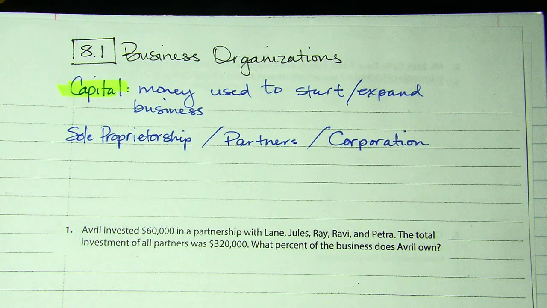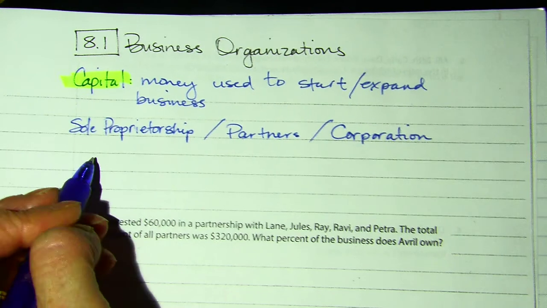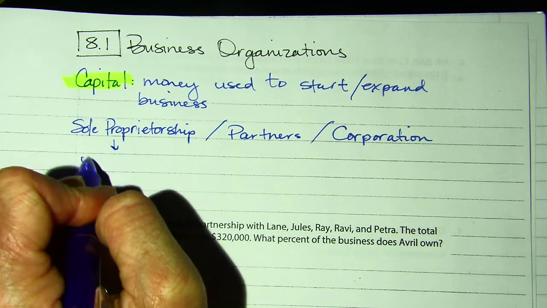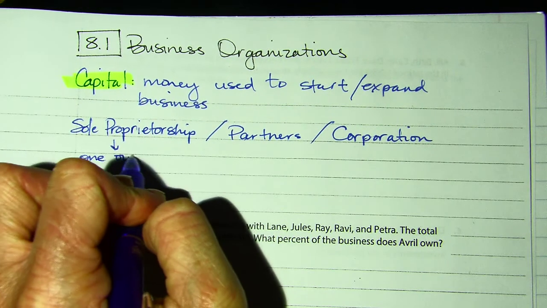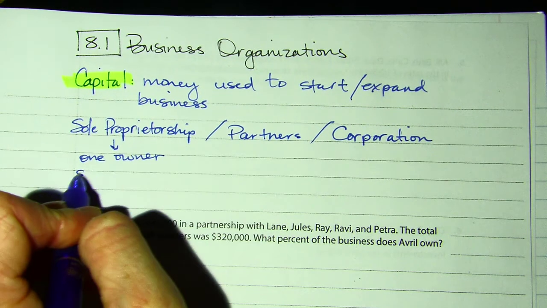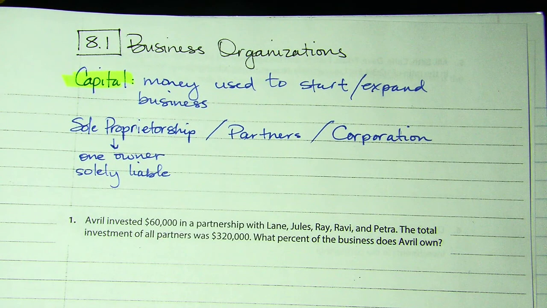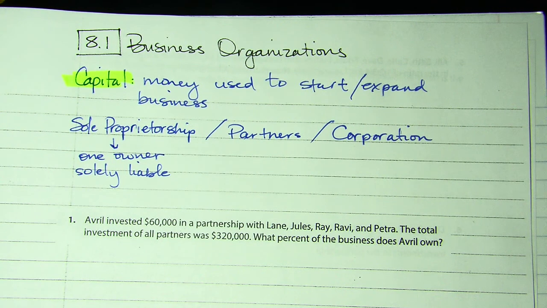Now, it goes over three different types of business organizations. A sole proprietor would be like a self-employed person where you only have one owner, but you are solely liable for expenses, for the income, for damages, lawsuits, right? Because you're the only owner.